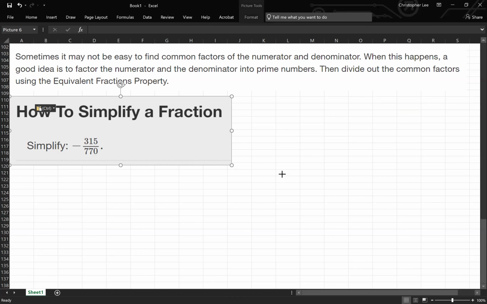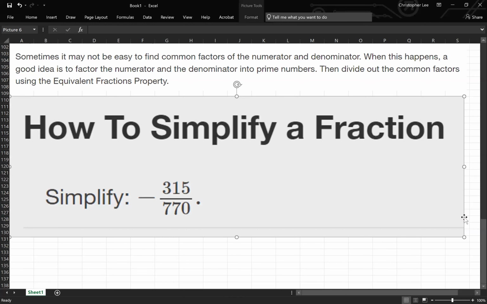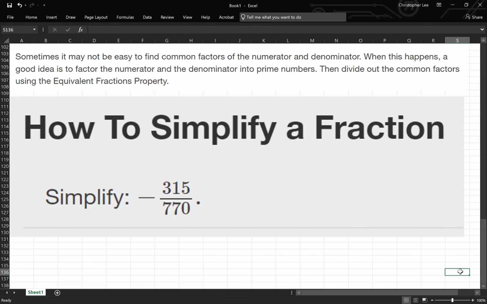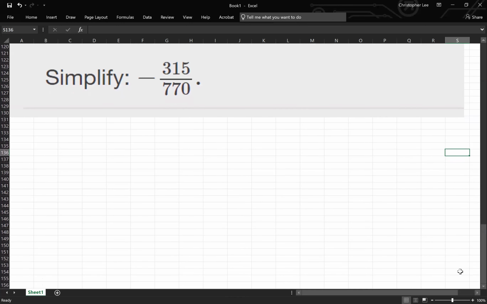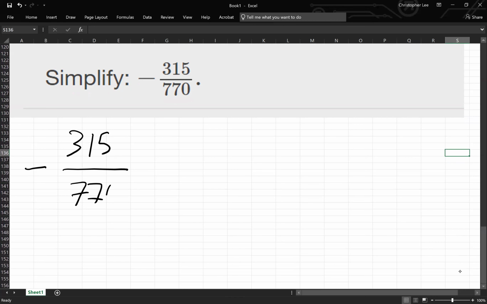So here they ask us to reduce this fraction. Full disclosure, I don't know how to do it. So here's what we're going to do. I have negative 315 over 770. What am I going to do?